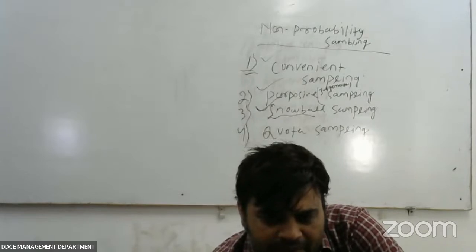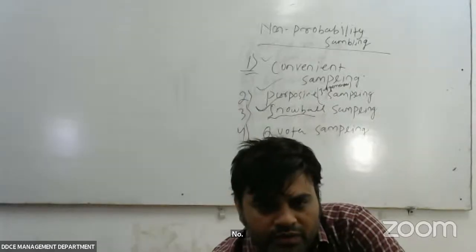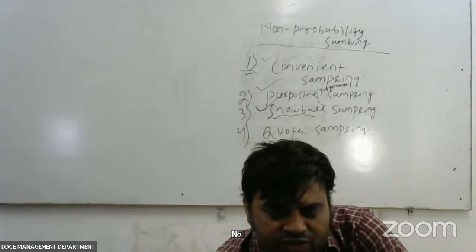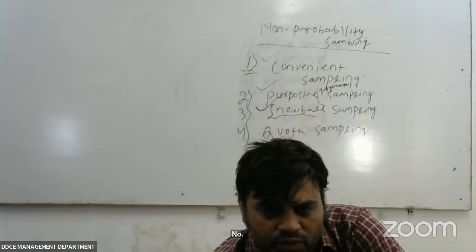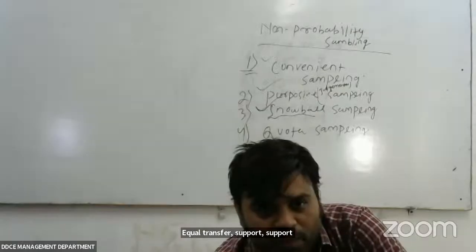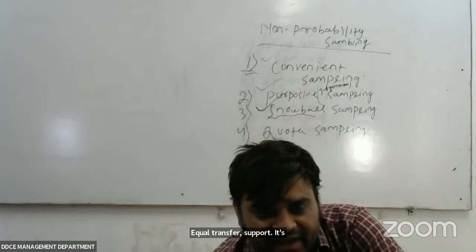So is it fair to my research? No, sir. So that means a lot of students are excluded. Did everyone get an equal chance? No. That means it is non-probability sampling, correct? It is not probability. It is convenience. Yes or no? Yes, sir.